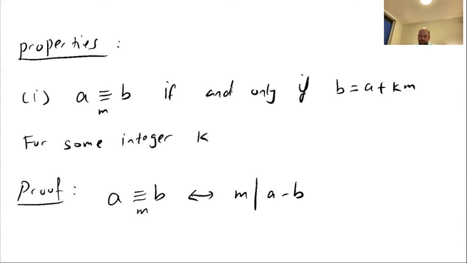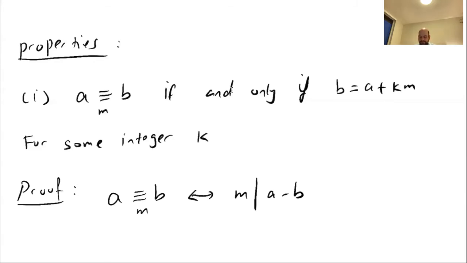Because I need to write B as A plus some integer times M. Well, we wrote it as A plus some integer times M. In that case, the integer is minus K. Doesn't matter. Well, that's it. So we should just show that A congruent B is equivalent with saying that B is A plus Km, or A is B plus Km, doesn't matter.